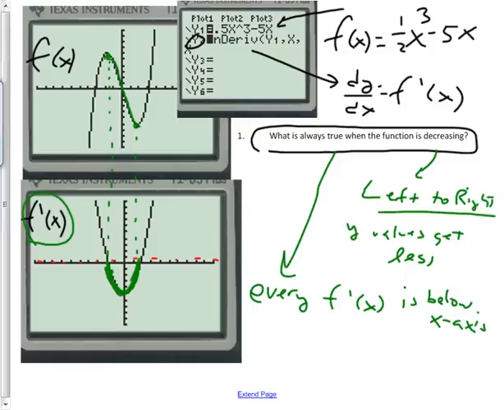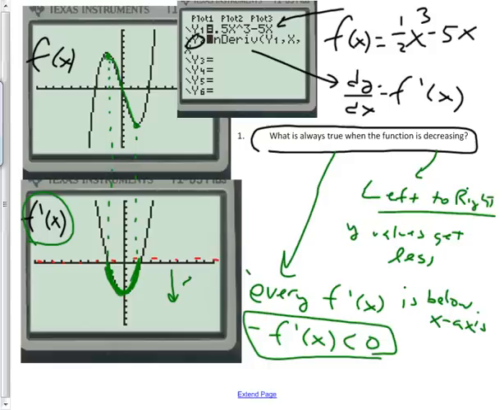But more mathematically say it, our derivative is going to be less than 0. Less than 0 meaning everything below here is less than 0. Everything up here is greater than 0. And why does that make sense?